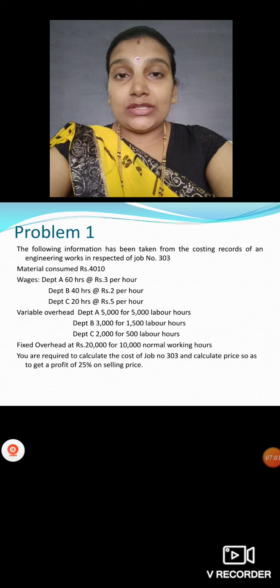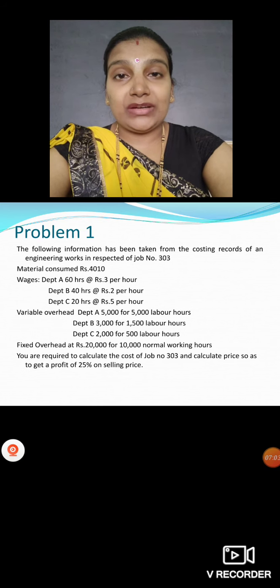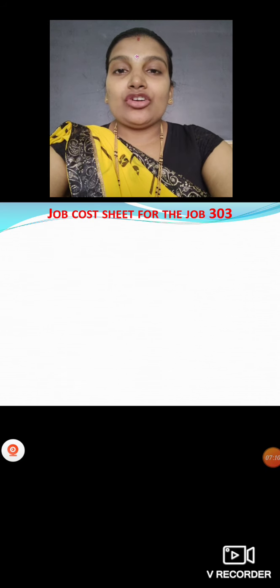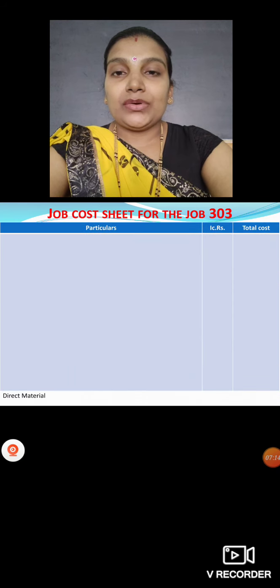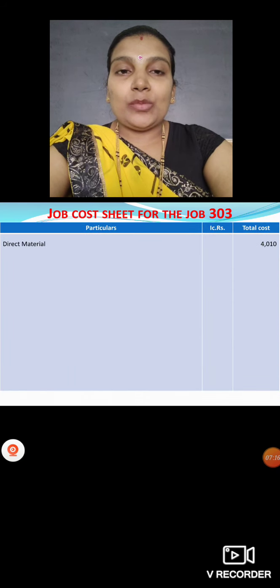So 25% on selling price means 1 by 4, right? 25 divided by 100. So on cost it is 1 by 3. So we'll see the solution of it. Job cost sheet for job number 303. Direct material, how much they have given? 4010 rupees.